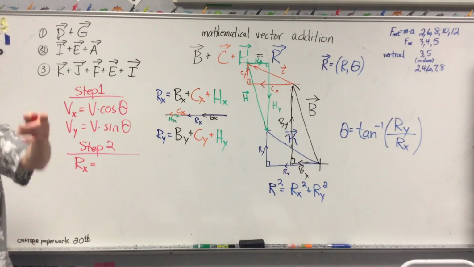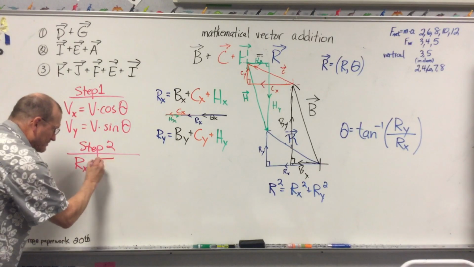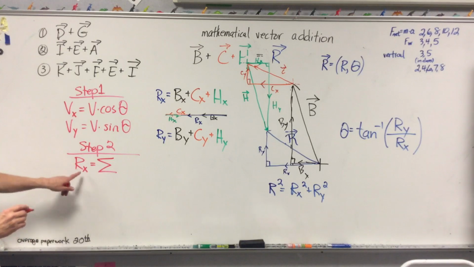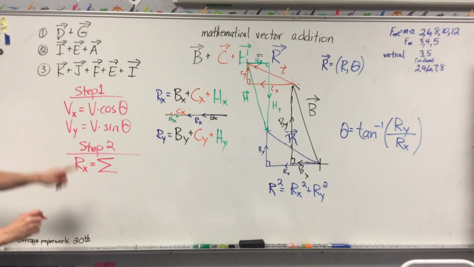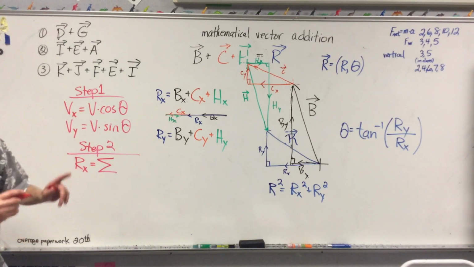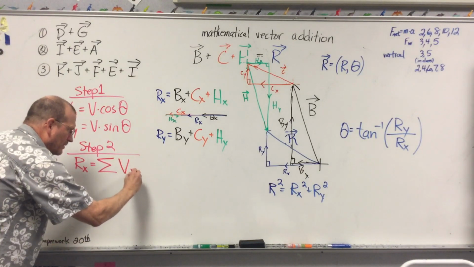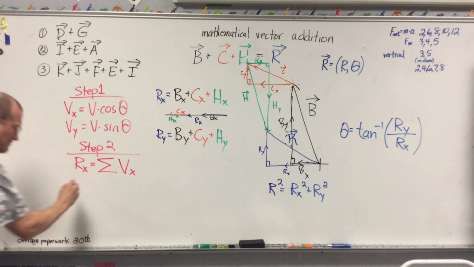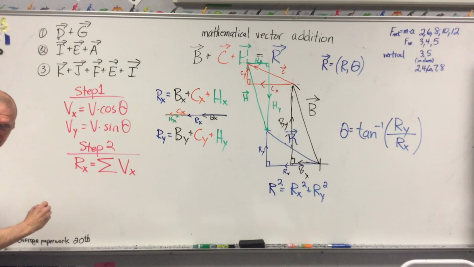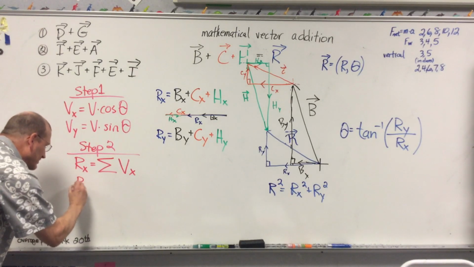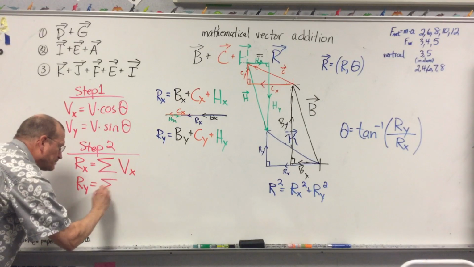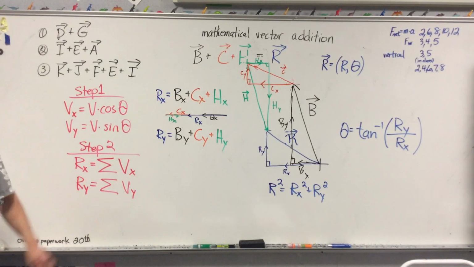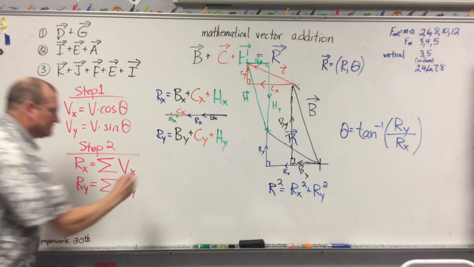You add everything together. And what did we add? To get this, all of the x pieces of all of the vectors. Does that make sense? Okay. What's the next thing we did? We did the same thing to get Ry. Now we did that.